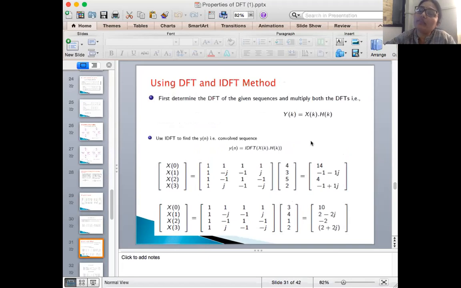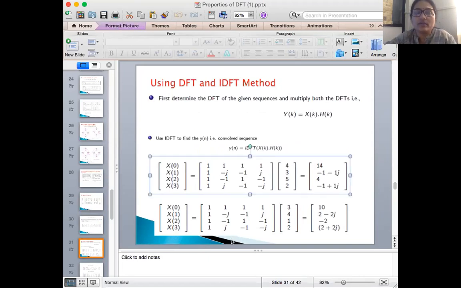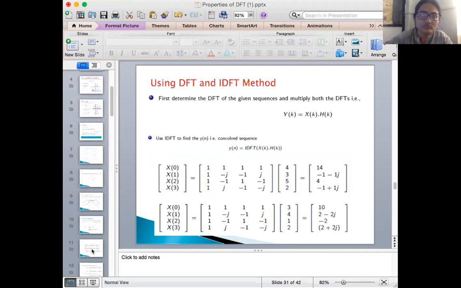Then we have applied IDFT upon the third sequence, so that we get the output, which is the same as the output we calculated by using the concentric circle method, the formula, or the matrix method. All methods are giving me a similar output.